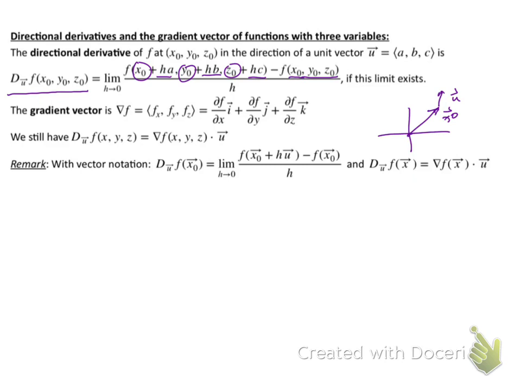So you can use the unit vector definition, which covers both functions of two variables or three variables, or actually more variables, in one definition. And also the directional derivative equals del f, the gradient, dot the direction unit vector. It's true for 2, 3, 4, or 5 dimensions.